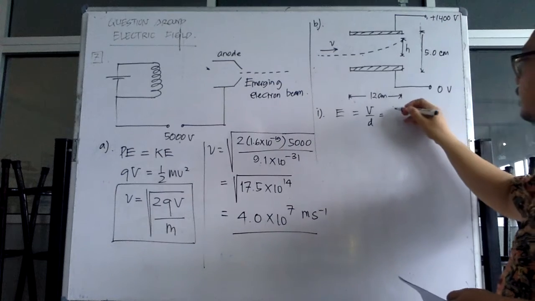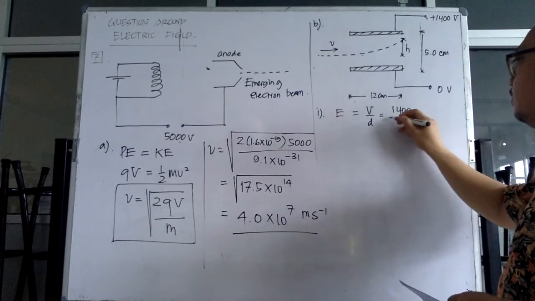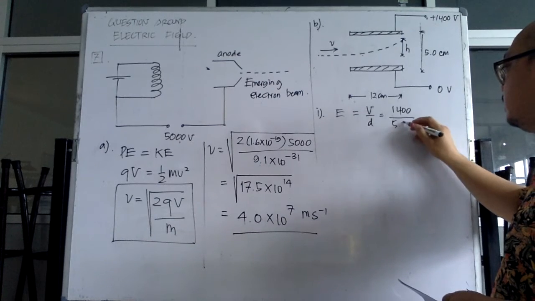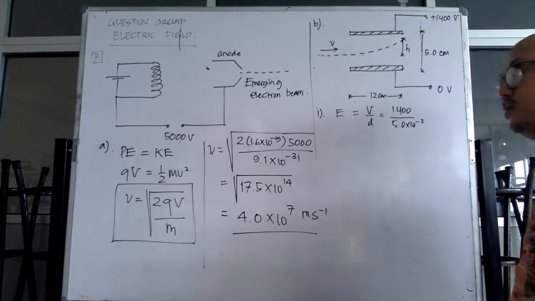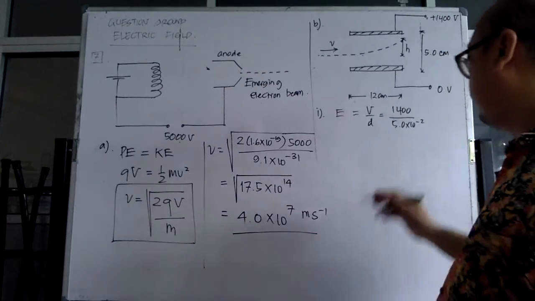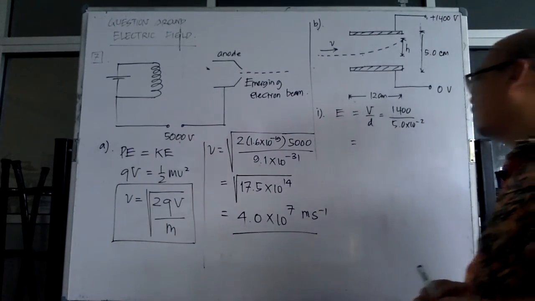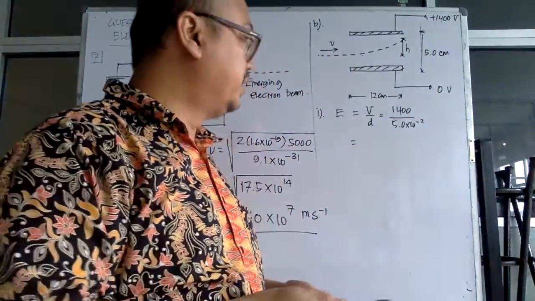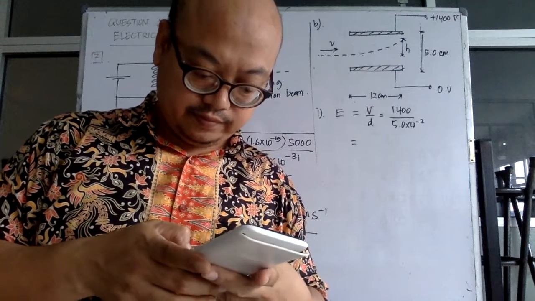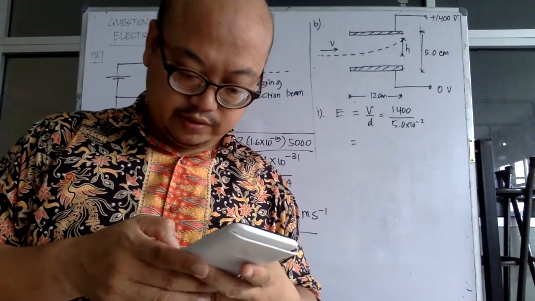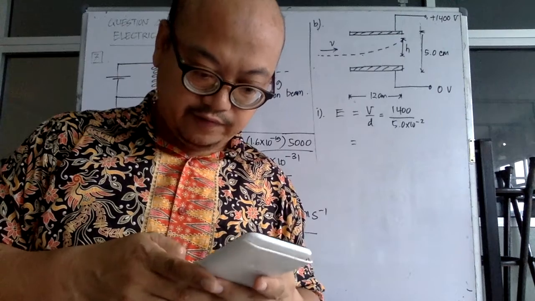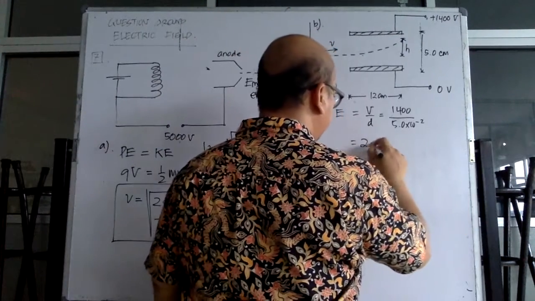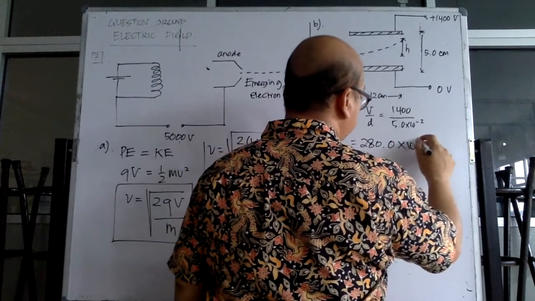V is 1400, d is 5 centimeters, which is 5 times 10 to the minus 2 meters. Let me use the calculator first. 1400 divided by 5 equals 280, times 100.